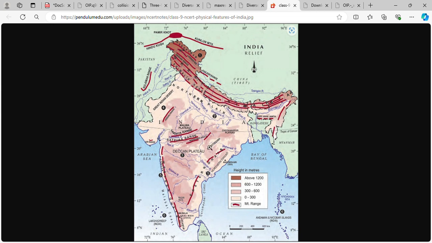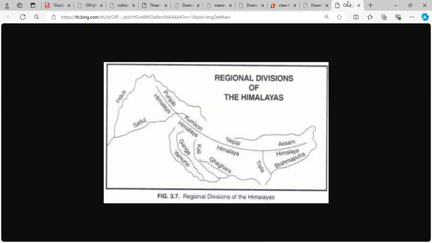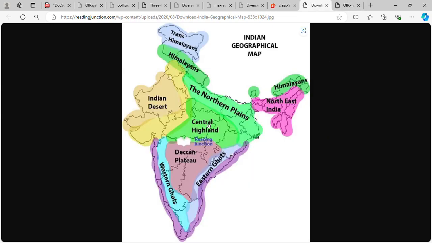Hope you can see my cursor. See this, that whole triangular mass is known as the peninsular plateau, and it has two parts. In this map, those two parts are already divided as the Central Highlands and the Deccan Plateau.